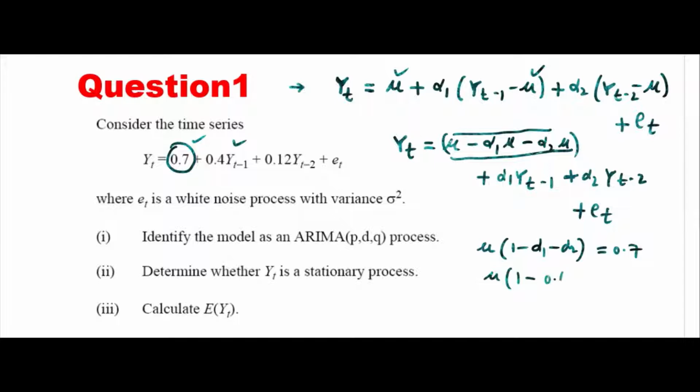Alpha 1 is 0.4, alpha 2 is 0.12. So 0.4 plus 0.12 is 0.52, and 1 minus 0.52 is 0.48. So mu will be equal to 0.7 divided by 0.48, which is 7 divided by 48.